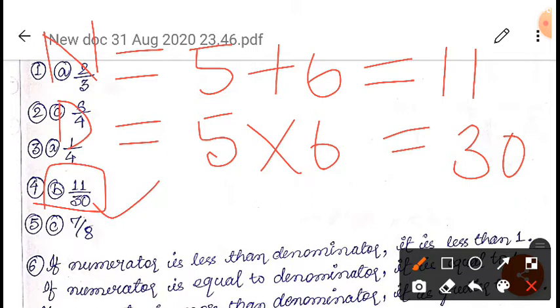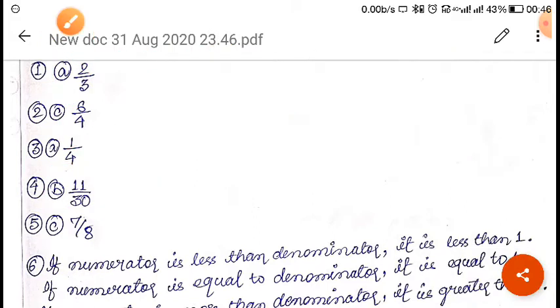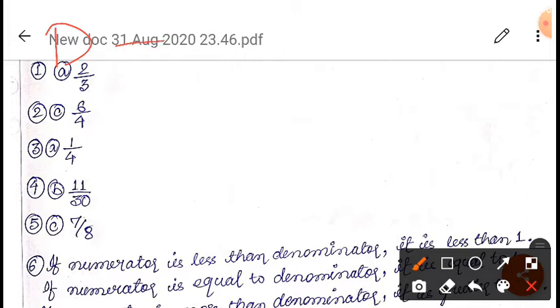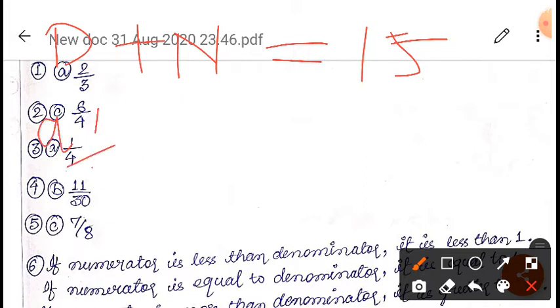Now next is question number 5. The proper fraction whose numerator and denominator add up to 15, meaning when you add the denominator and numerator you should get 15. Option A is 1 by 15, which will become 16, so this is not possible.